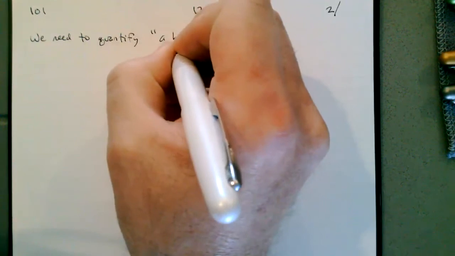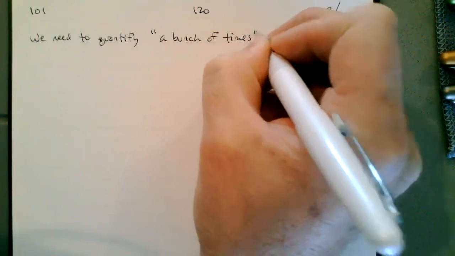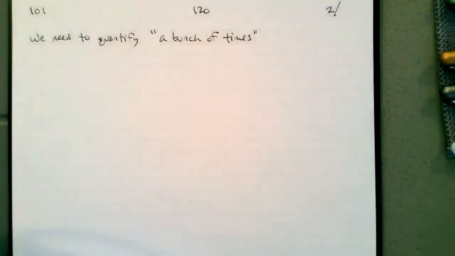Here's what we're going to do. We're going to make a relationship between 2 variables, an input and an output. We need to quantify what we mean by a bunch of times. This business with a bunch of times is not very rigorous. It describes what's going on.